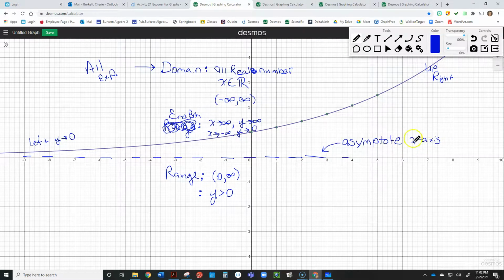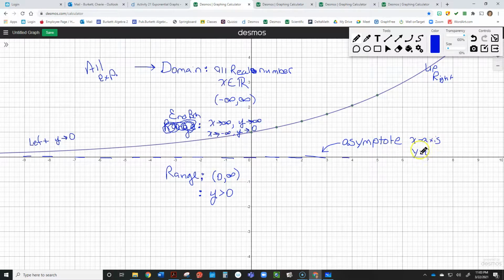Okay, that's the name of that line. The equation of that line is y equals 0. So the asymptote, the numerical location of that asymptote, is going to help you determine your range. Since the asymptote is at 0, then my graph is going to start really close to 0. It's never going to include it.